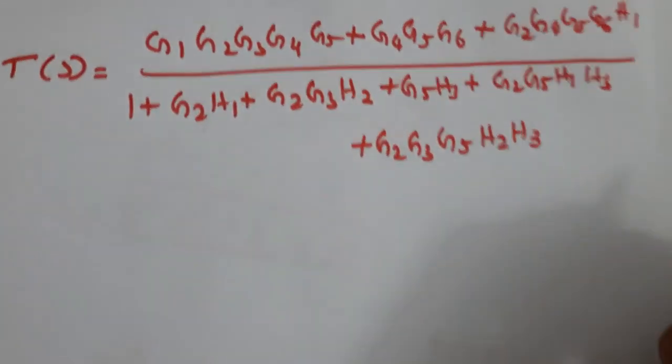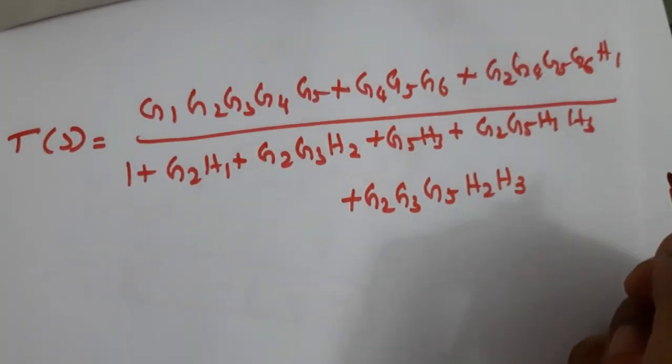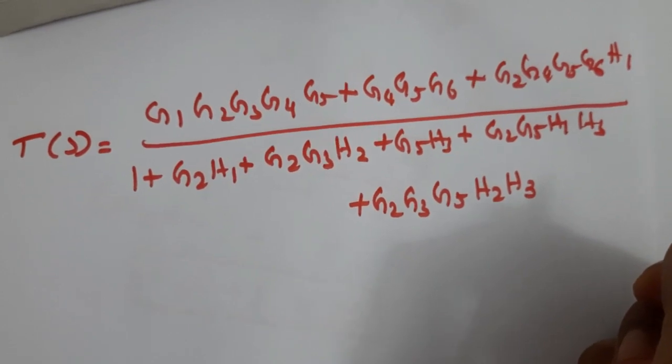And this is the transfer function of the given control system using the signal flow reduction method.